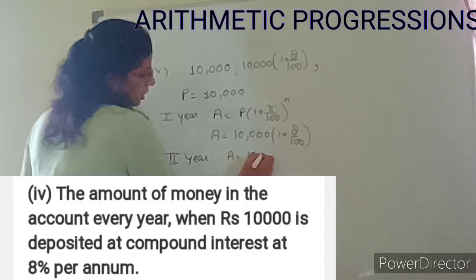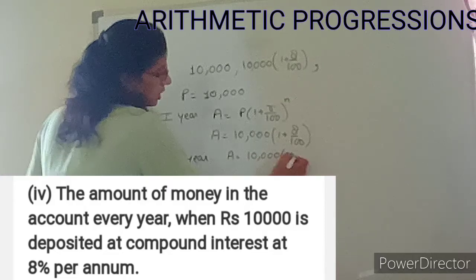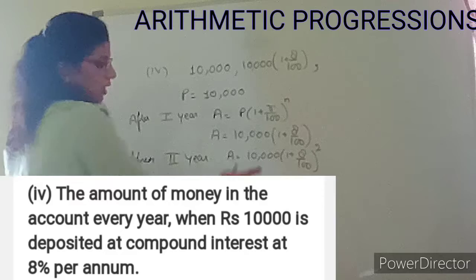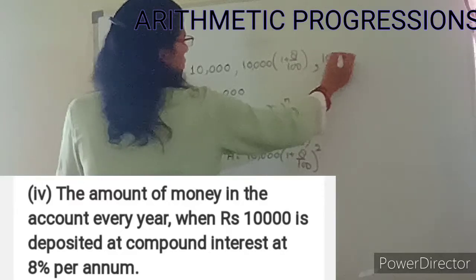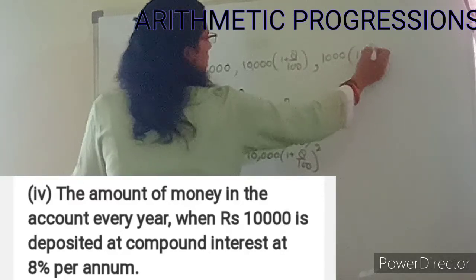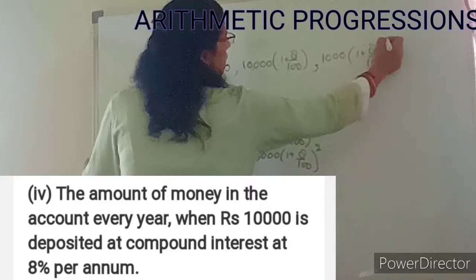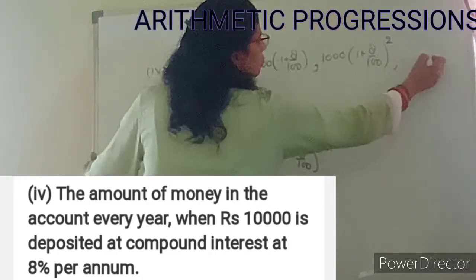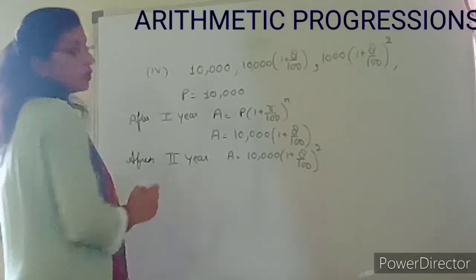Principal 10,000 times 1 plus rate upon 100 raised to the power n, where n is 2. So you will get 10,000 times 1 plus 8 upon 100 raised to the power 2 years. Same way for 3 years, 4 years, and so on. Similarly it will go on.